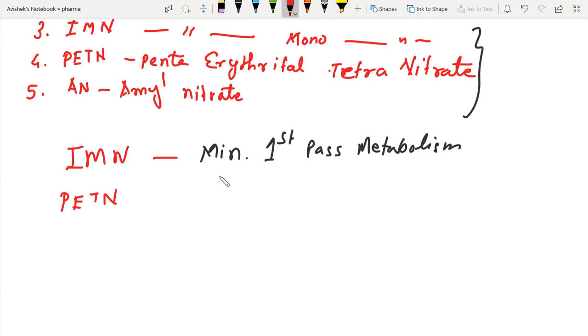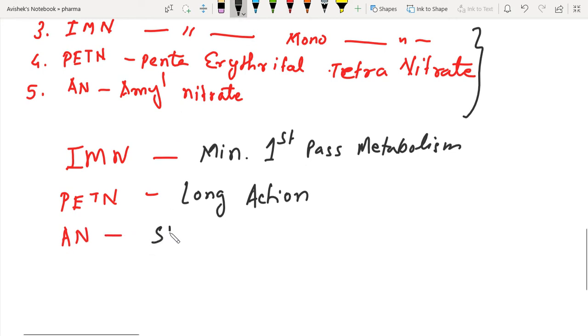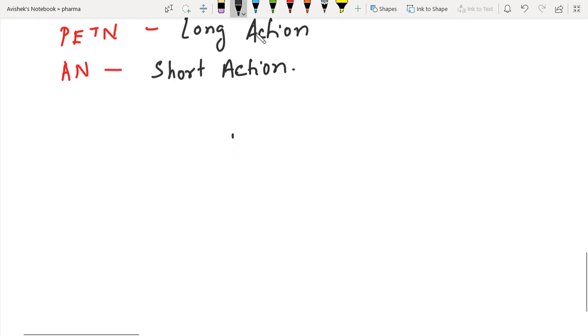PETN, pentaerythritol tetranitrate, has the longest action. Then AN, amyl nitrate, has a short action. These are some important things about the drugs. Now something interesting about this topic, which is called the nitrate free period.